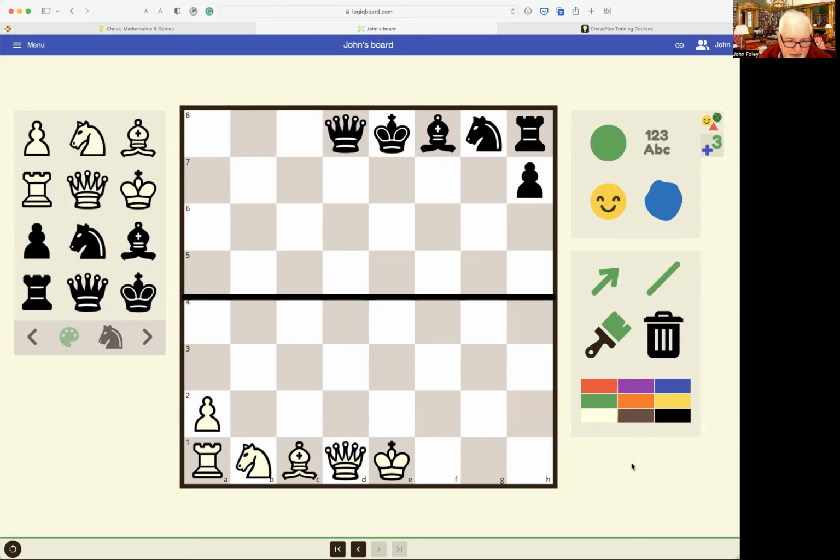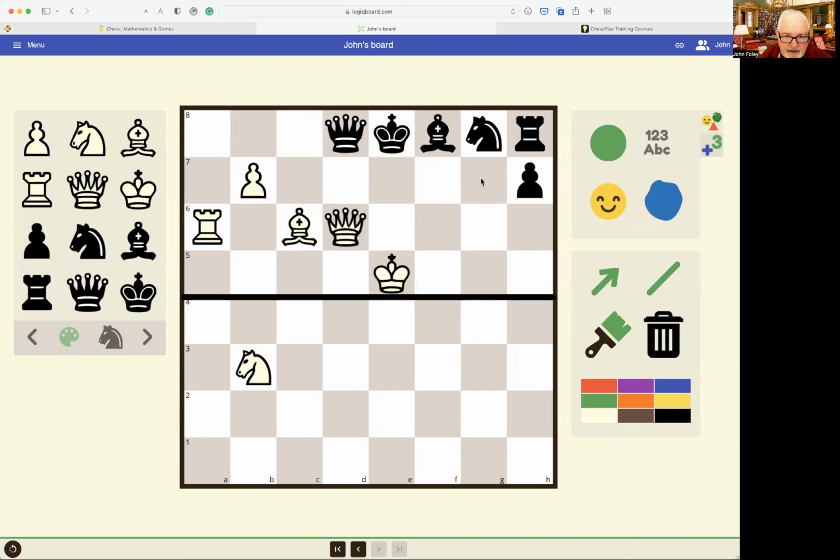So if I wanted to put all the, let's say, sliding pieces in one part of the board and all the jumping pieces in another part, I think I would probably do it like this. So there are all these sliders, and here are all the jumpers. And we had other categories as well.